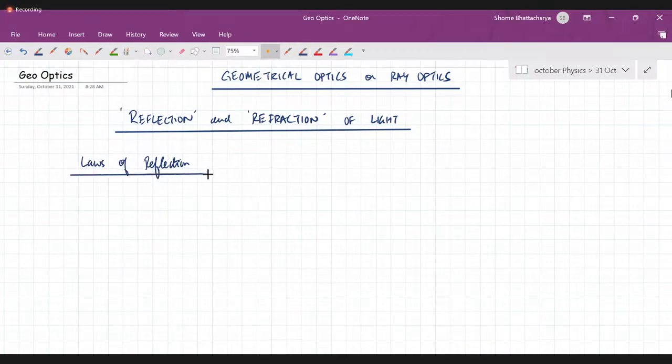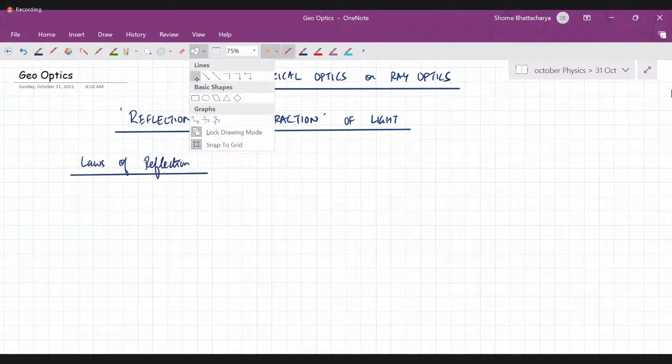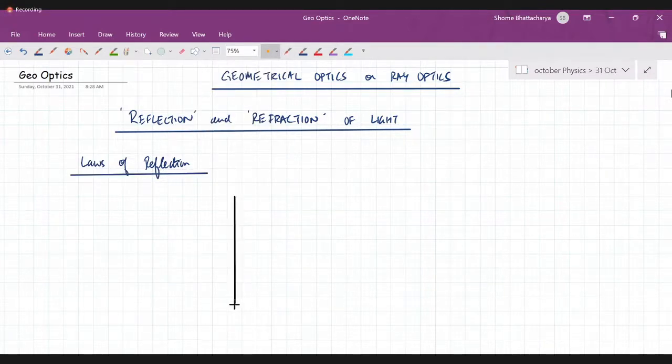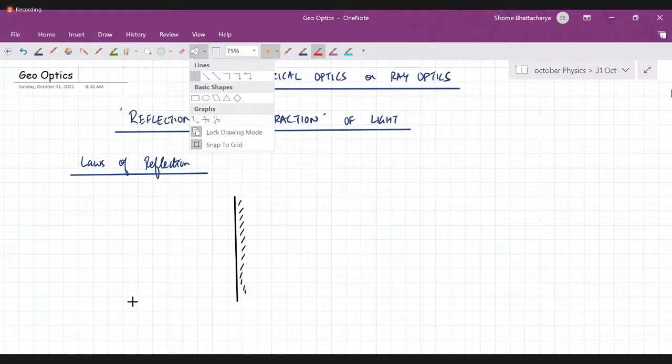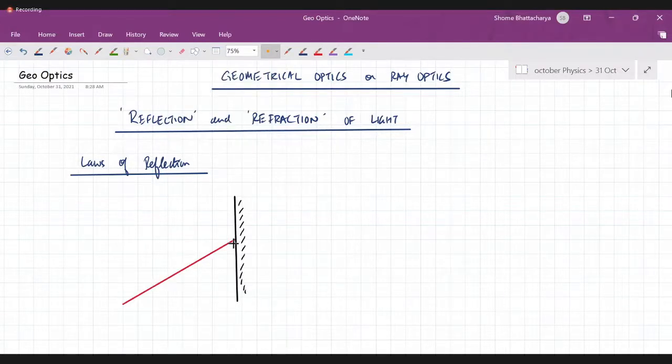I'm sure you have heard of these in class 9 and 10 before also. There are two laws of reflection. The first one states that if we have a ray of light incident on some reflecting surface, then after reflection, it deviates, or you can think of it like bouncing back, in such a way that the angle of incidence is equal to the angle of reflection.